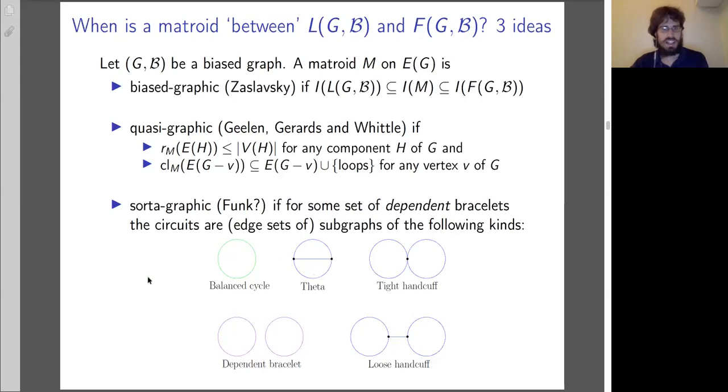Before I go any further with this, I want to point out that two of these approaches to building matroids between lifted graphic and frame matroids actually have a serious problem. Although I feel a bit bad saying that Zaslavsky's approach has a serious problem, because it's only a serious problem if your aim is to build a nice, well-behaved class of matroids.